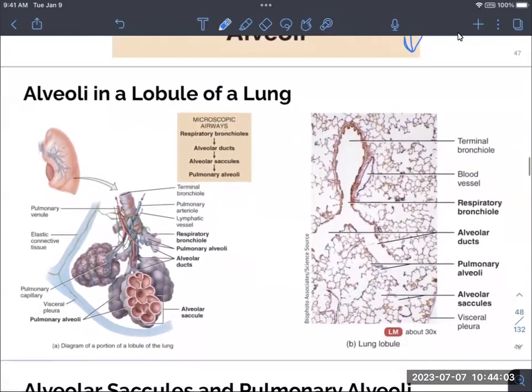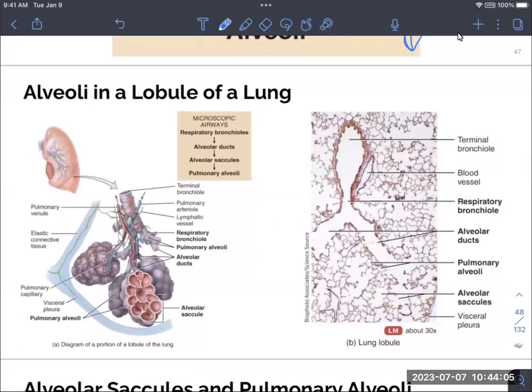So you can see through these pictures, we have this terminal bronchiole, which gives way to respiratory bronchioles, which give way to alveolar ducts, which give way to these alveolar saccules and pulmonary alveoli. Looks like a bunch of grapes.